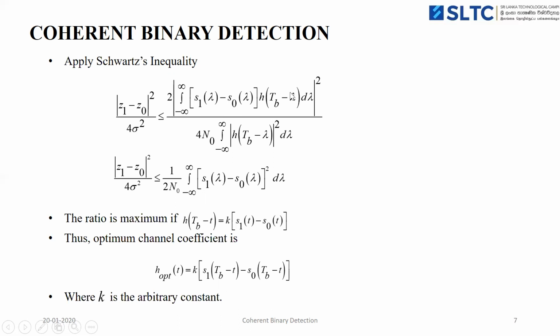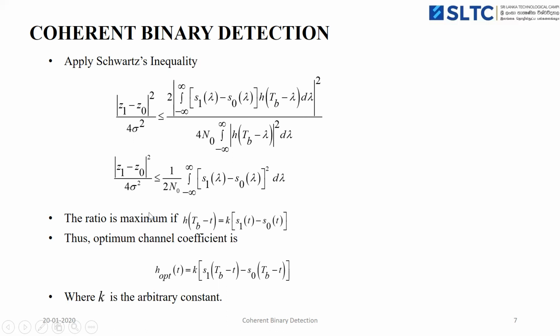Here you can see that the channel coefficient h is common for both numerator and denominator, so we have to remove that term. The remaining term is 1 by 2 N naught, because the 2 will be cancelled, times the integration from minus infinity to plus infinity of the difference between the two signaling waveforms S1 of t and S0 of t.